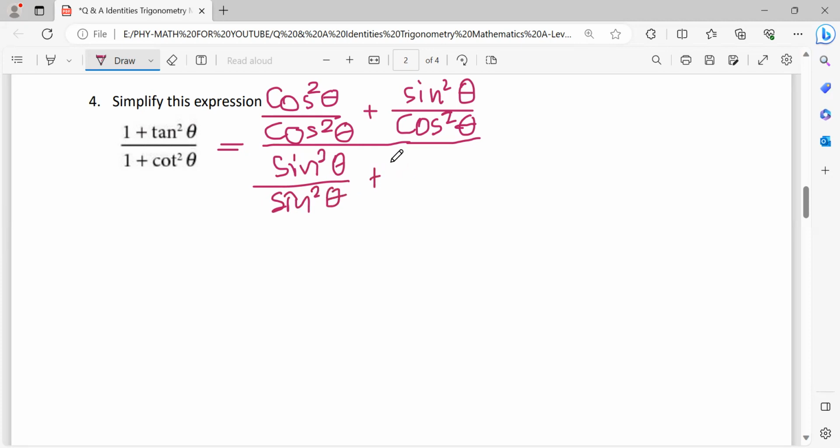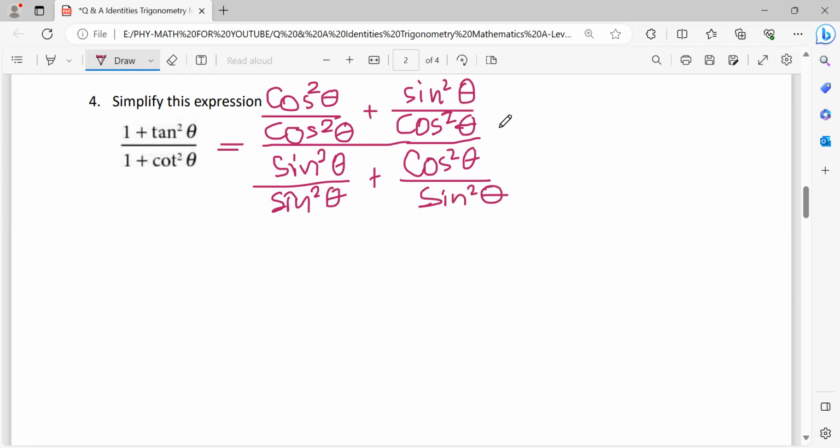Tangent is cosine over sine. Cosine squared theta.